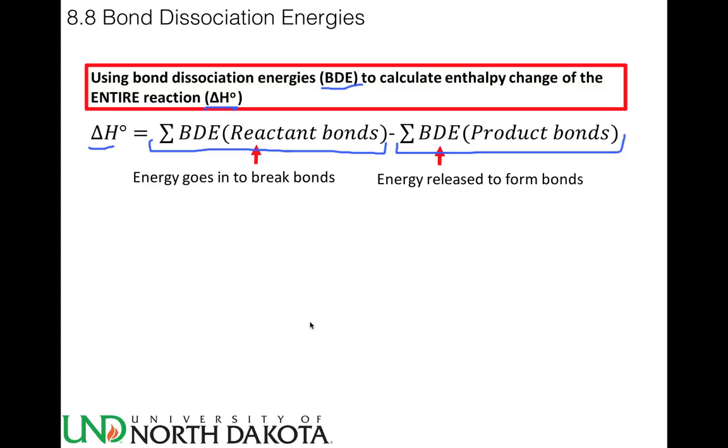We have reactant bonds first because the energy goes in to break the reactant bonds, and we subtract from that the energy of the product bonds because that's the energy that is released. And so the way this equation is set up reflects the endothermic nature of reactant bonds and the exothermic nature of product bonds.